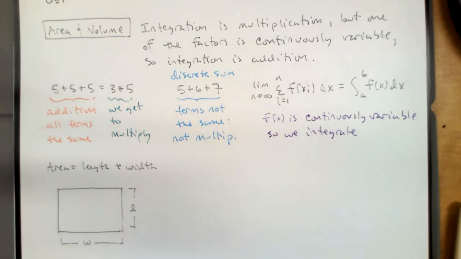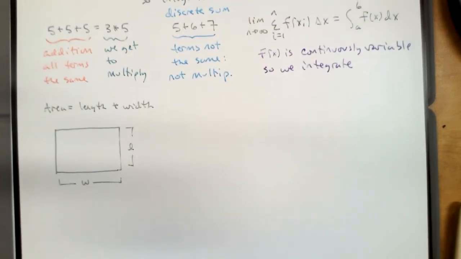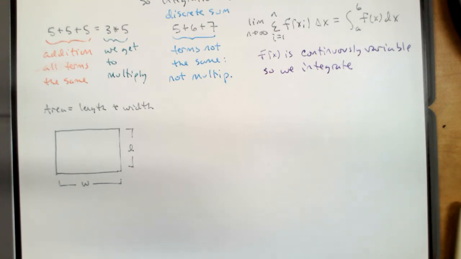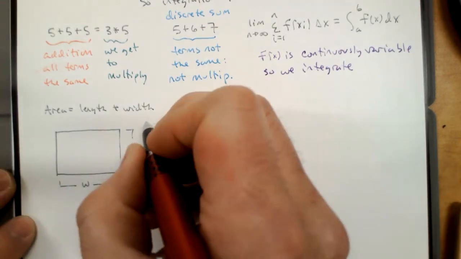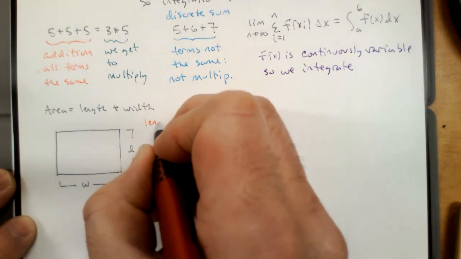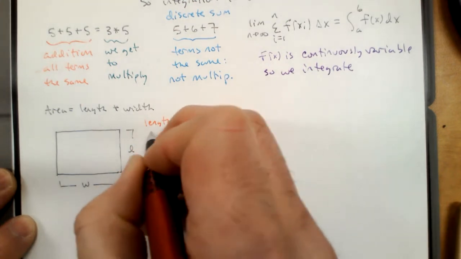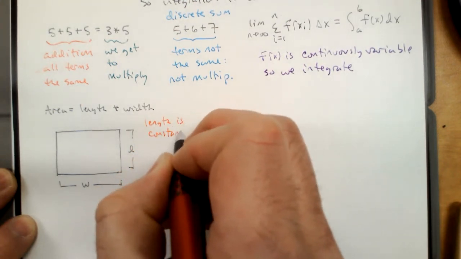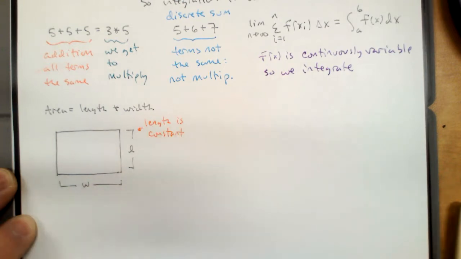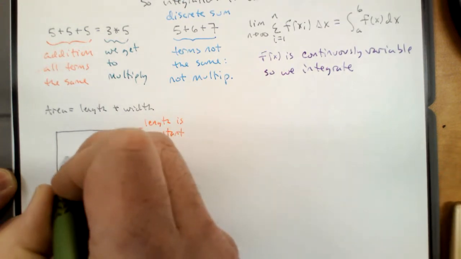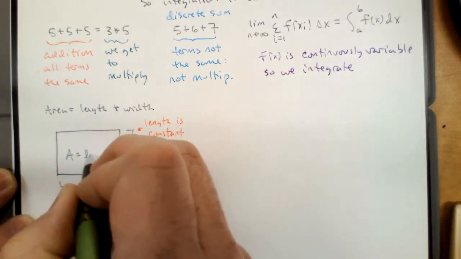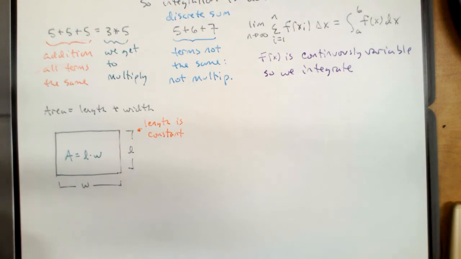If the length is constant, then we get to multiply. If the length is constant, that allows us to multiply length times width.